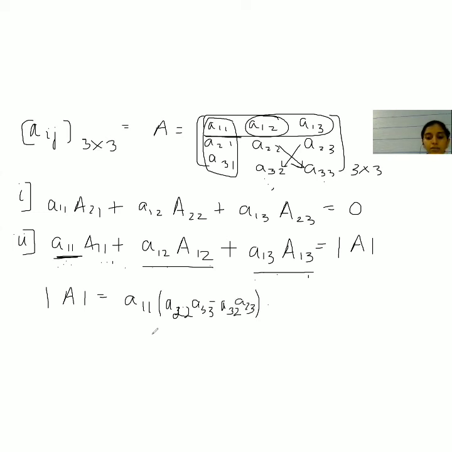Then you write minus A12 bracket and then the determinant value, so A21, A33 minus A31, A23. Similarly, the last term is plus A13 and then its determinant value. So this is how we write the determinant of any matrix.